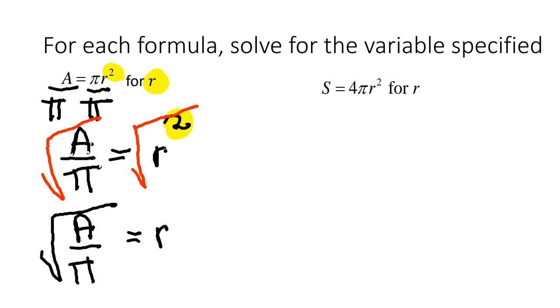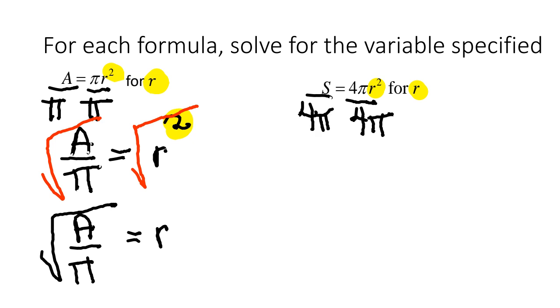Now the same thing's going to happen with the next one. Notice that again we have an r squared, but I want just r. First off, I have to isolate that r squared, which means I'm dividing both sides by 4 pi.